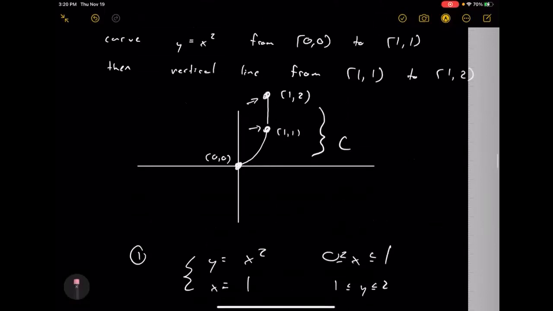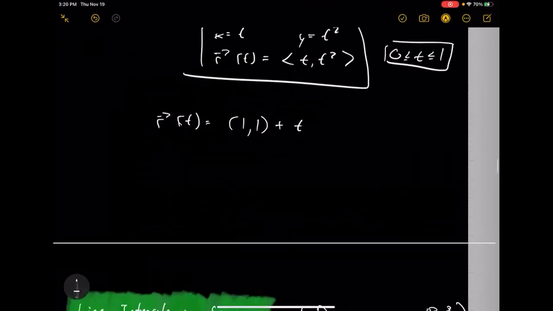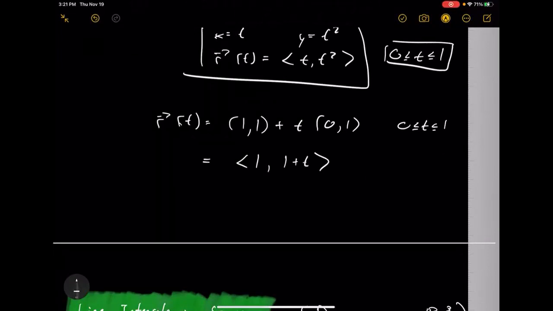That vector moves 0 units in the x direction and 1 unit in the y direction, for t between, again, 0 and 1. So I could write this as 1, 1 plus t.